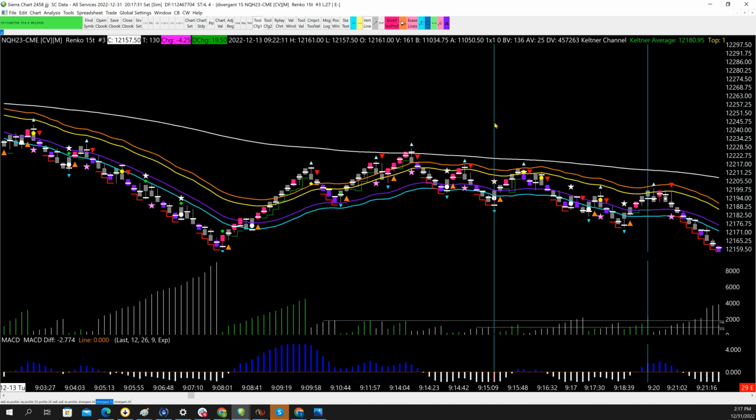Okay, now I want to say a couple of things about this. First of all, remember I'm using this as a cheat, so I want this dominant wave to really come off the low, right? And then remember my second point about this is if I get the dominant wave, what my expectation would be is that we're going to take out the high above.